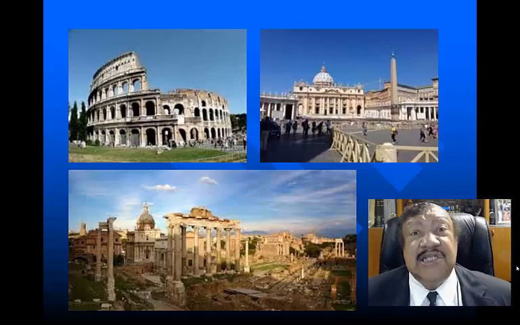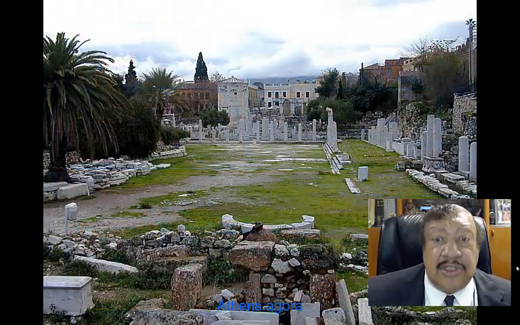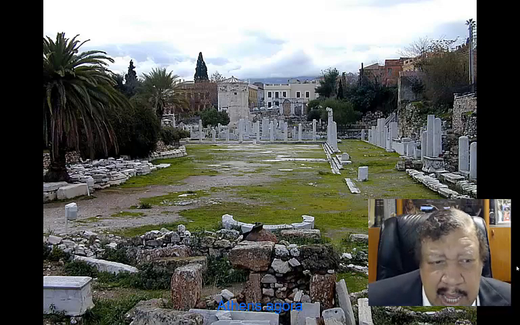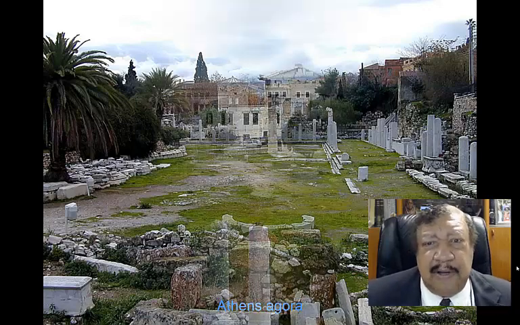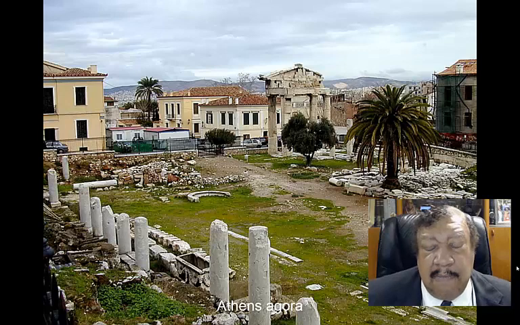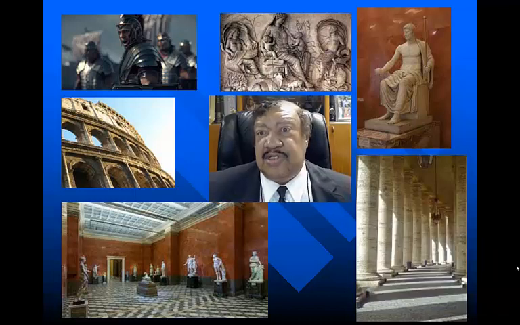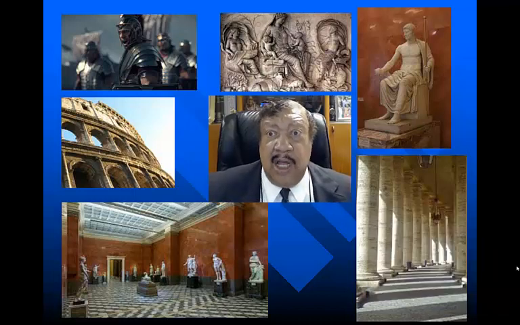In the upper right, we see St. Peter's Square. So the Roman Forum, in its day, had baths, it had shopping malls, it had marketplaces, it had courthouses, and of course, they put emphasis on officials.